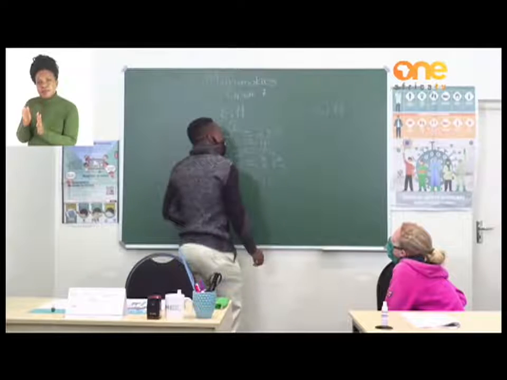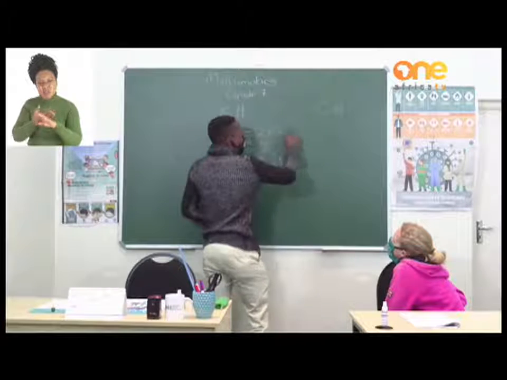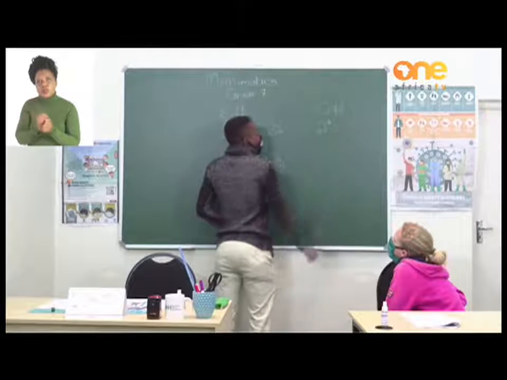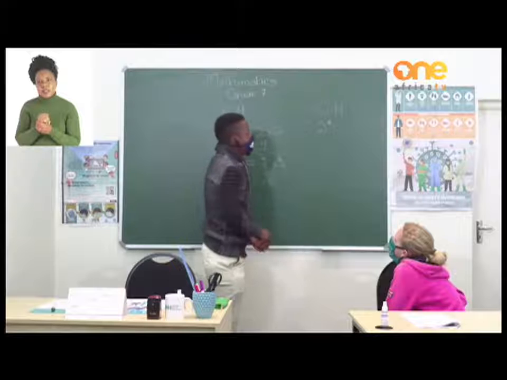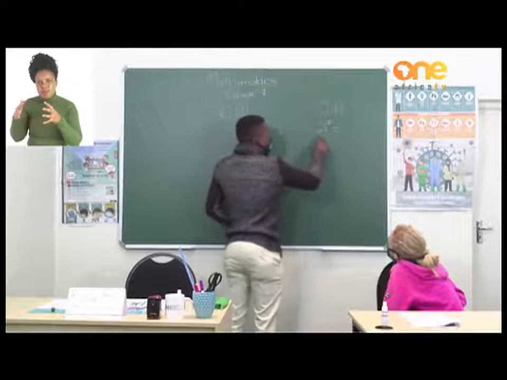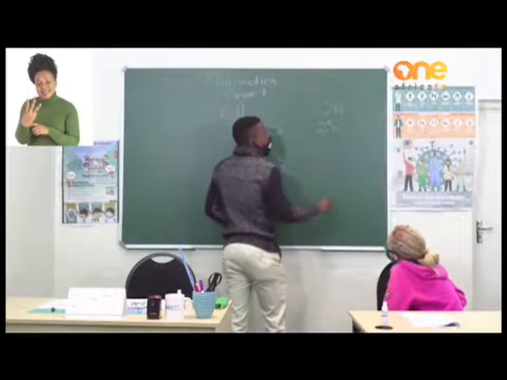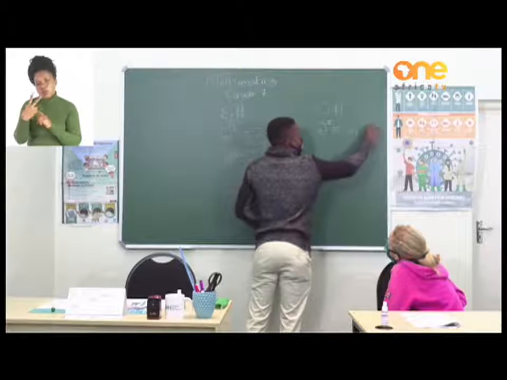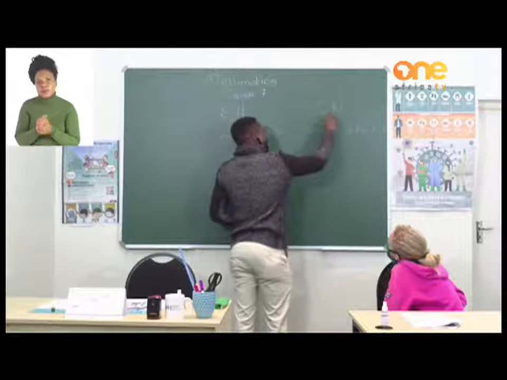Cube numbers. We can also give an example of a cube number, maybe 2 to the power 3, or 2 cubed. In that way, we are multiplying this number by itself and again by itself. So we have 2 times 2 times 2. Look at this little number.